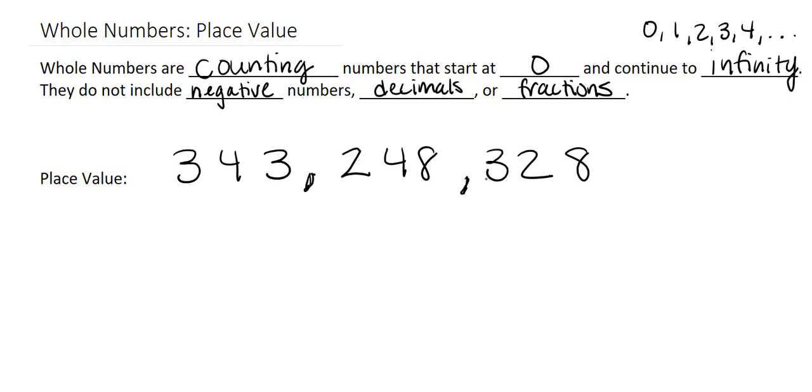When we talk about place value, we start on the far right. So we see this 8. This 8 is our ones place value.